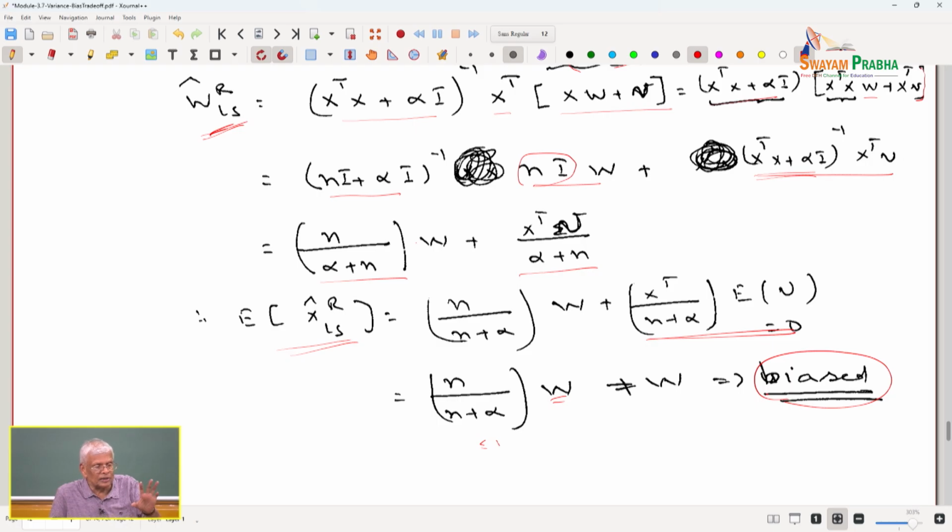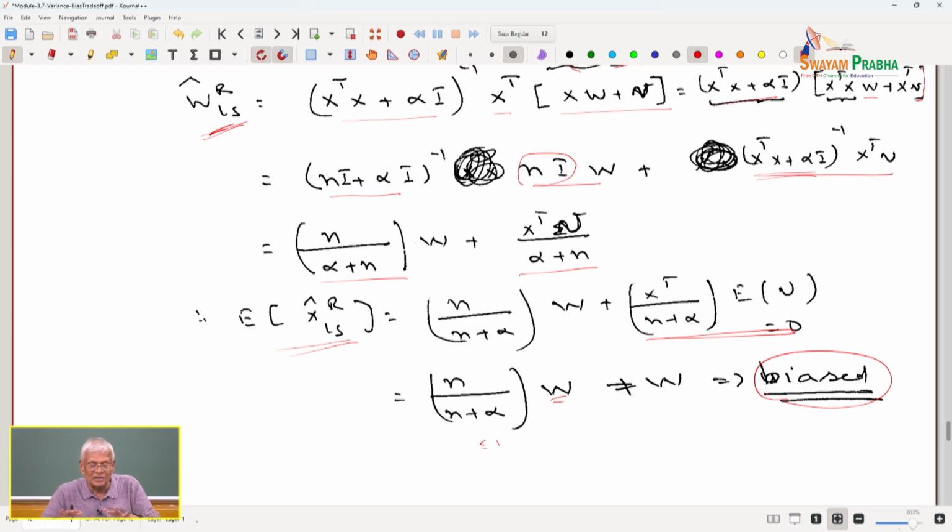To desensitize it, we included the penalty term that helped to increase the minimum eigenvalue. But what is the impact of it? It introduces bias in the estimate. So here is where the saying comes in: you can't have it all. If you want to address one question, some other problem pops up.